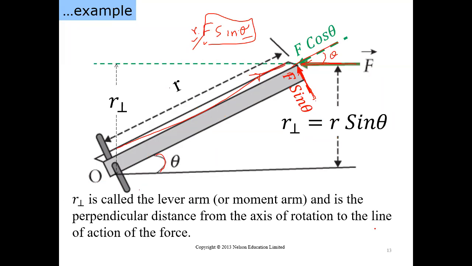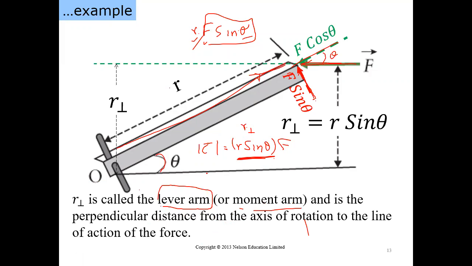Now we can also get the torque in a different way by what we call the lever arm. So we can also say that the torque magnitude is equal to R sine theta multiplied by total force, not the perpendicular force. And we call this R sine theta as R perpendicular or the lever arm, or also called the moment arm.